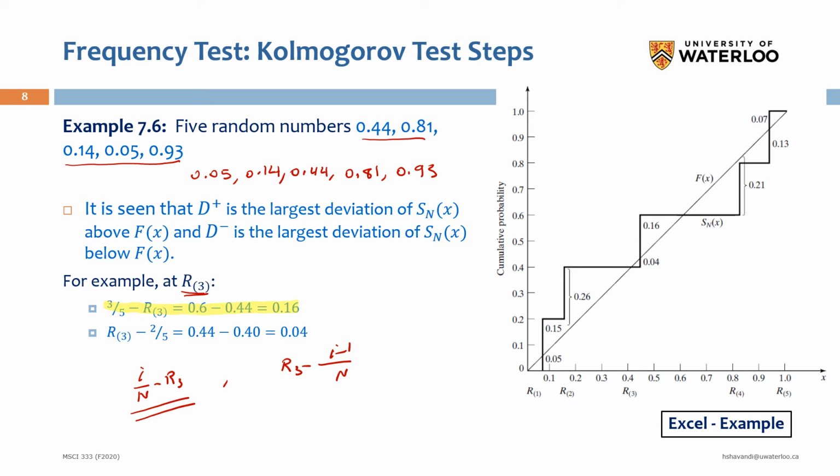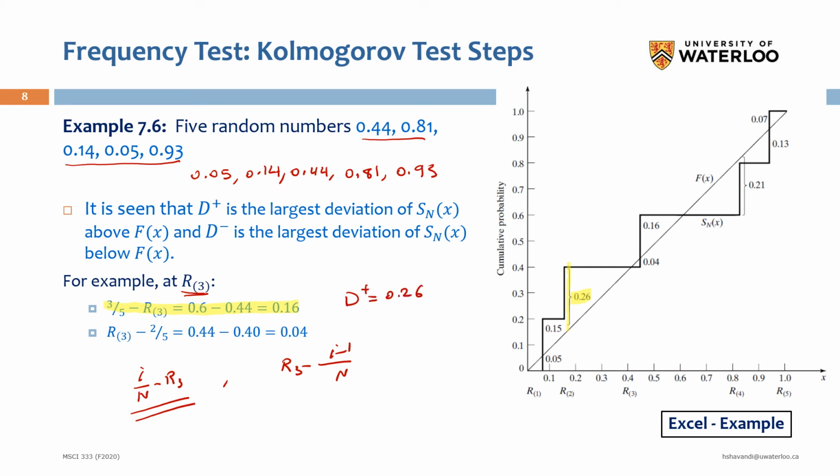We need to calculate the same quantity for all 5 numbers and then take the maximum, which becomes D plus. The D plus here becomes 0.26.